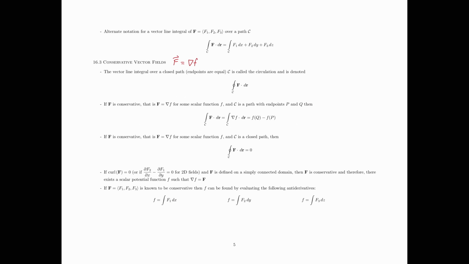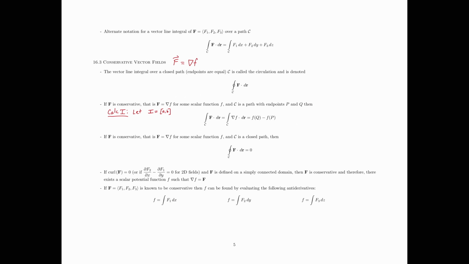And this is exactly the same idea as what you have in Calc 1. In Calc 1, you have the result that, let's let capital I be the interval from A to B on the x-axis.